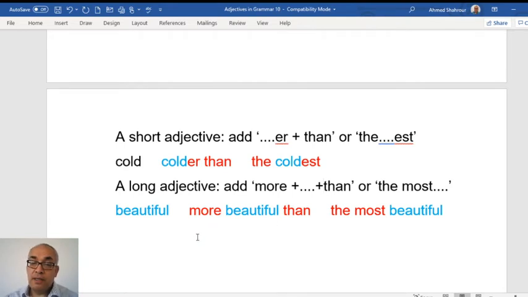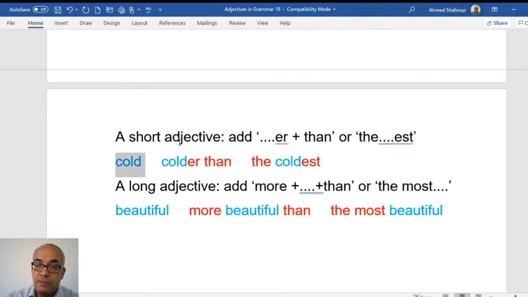So if you look at this grammatical rule about how to compare things or people, you can understand it. Anything in red, as you can see, is what we add to the adjective. Anything blue is the adjective. When you use colors, it becomes easy.